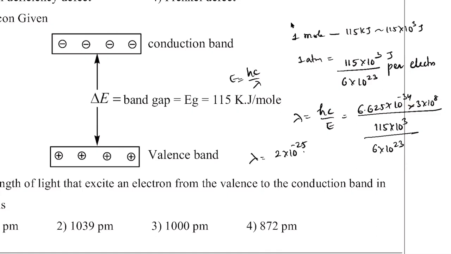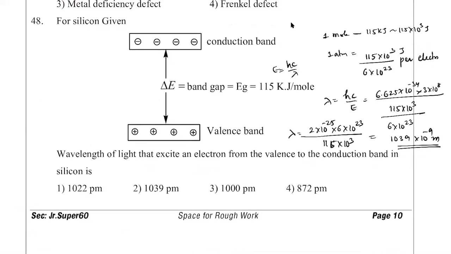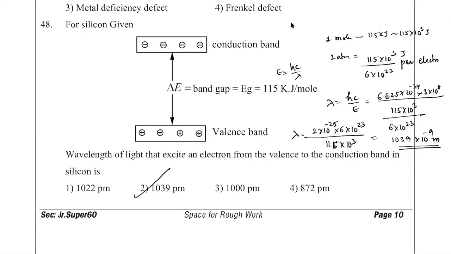Remember this for easy calculation. On solving this, you will get 1039 into 10 raised to the power of minus 9 meters, which means nanometers. Sorry, 10 raised to the power of minus 12 meters, so we get 1039 picometers. Got it?